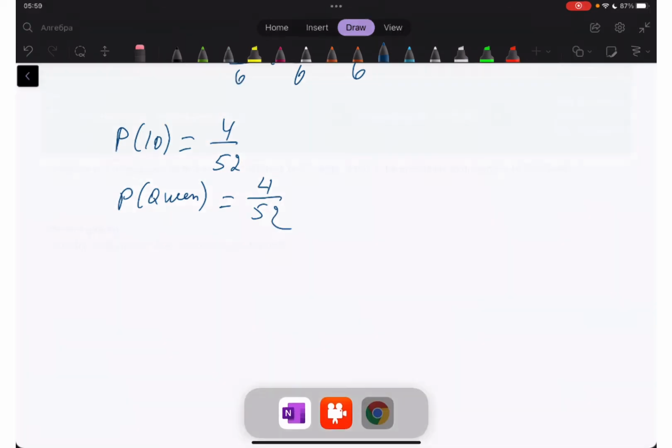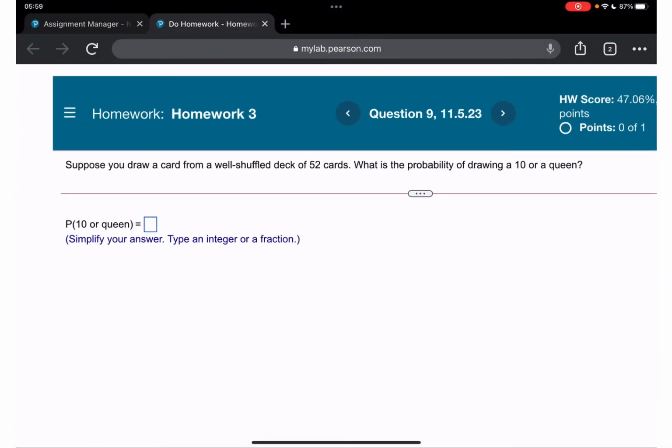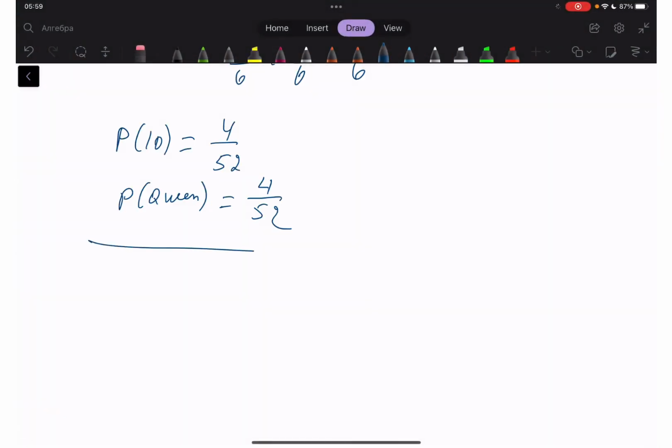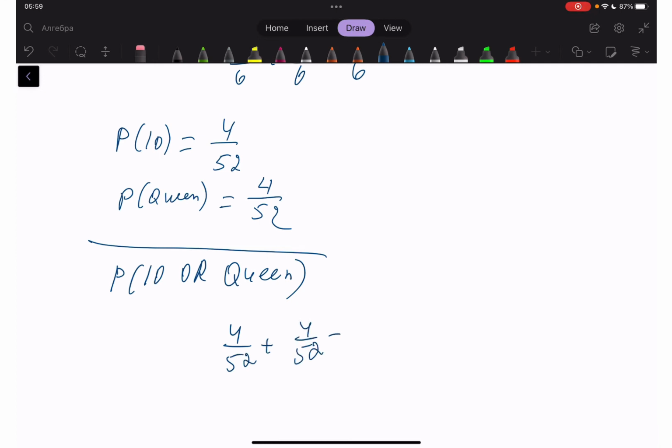Let me reread also. So what's the probability of drawing 10 or queen? Okay. So probability of 10 or queen. Now, do we have here any overlapping? I don't think so. 10 and queen have nothing to do with each other. Nothing to overlap. Therefore, it's going to be 4 over 52 plus 4 over 52 and minus 0, right?